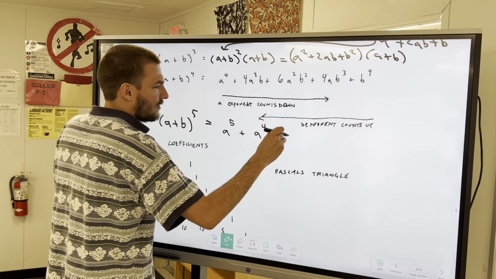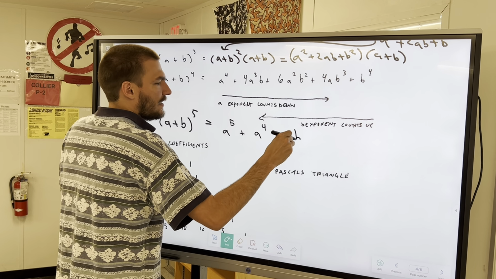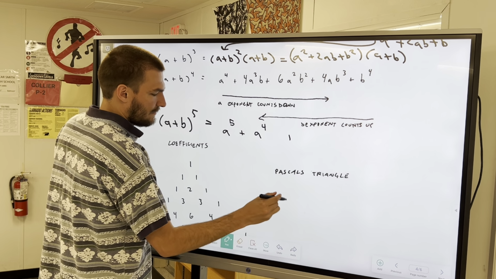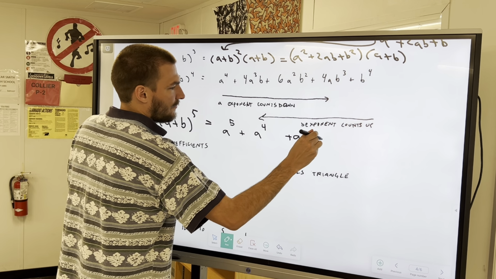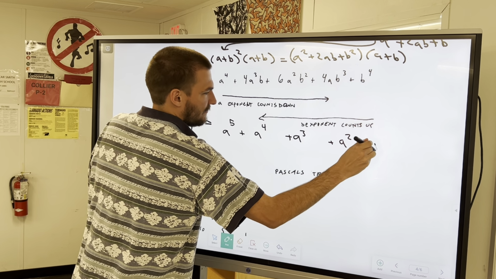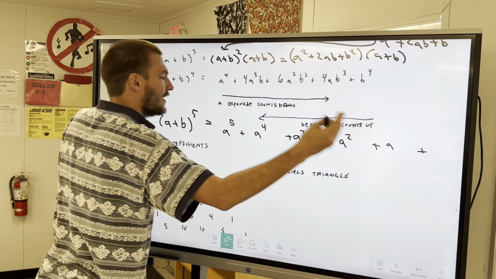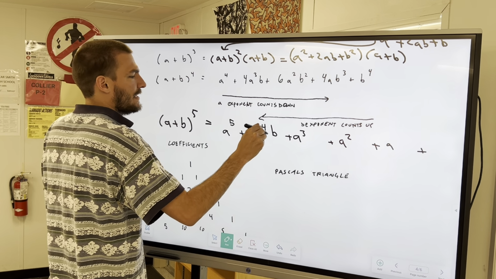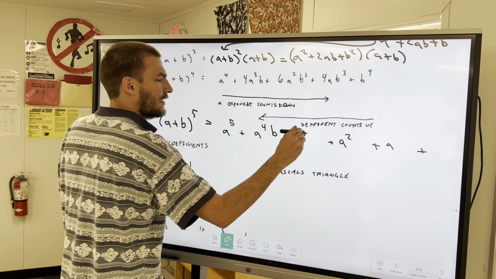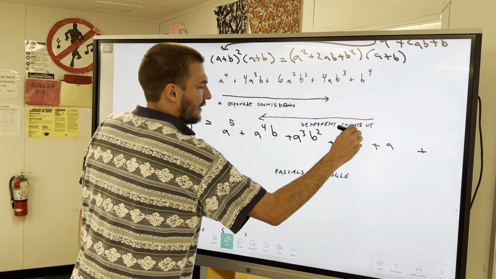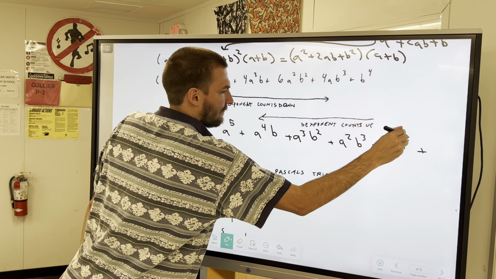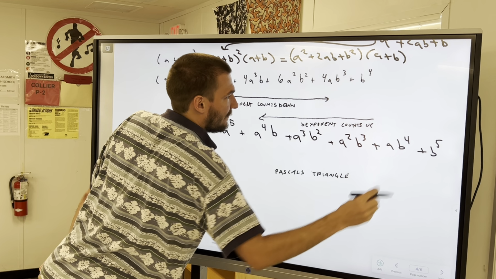A power 4, leave some room for the b. A power 3, leave some room. A power 2, leave some room. A power 1, leave some room. A power 0. Coming back this way, b power 0, and then 1, and then 2, and then 3, and then 4, and then 5.